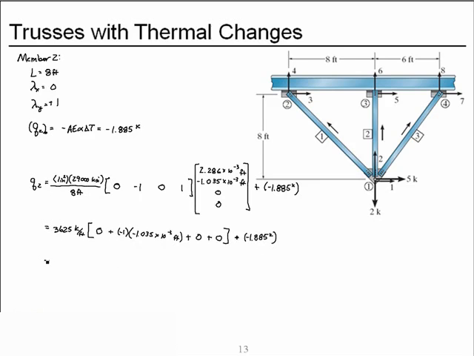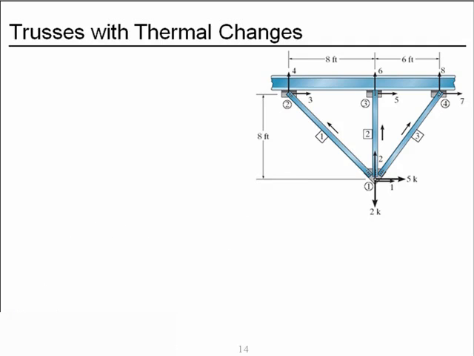If we put together this first term, we get a positive 3.752 kips minus the 1.885 kips, and combined we get a positive 1.87 kips. So member 2 is in tension.